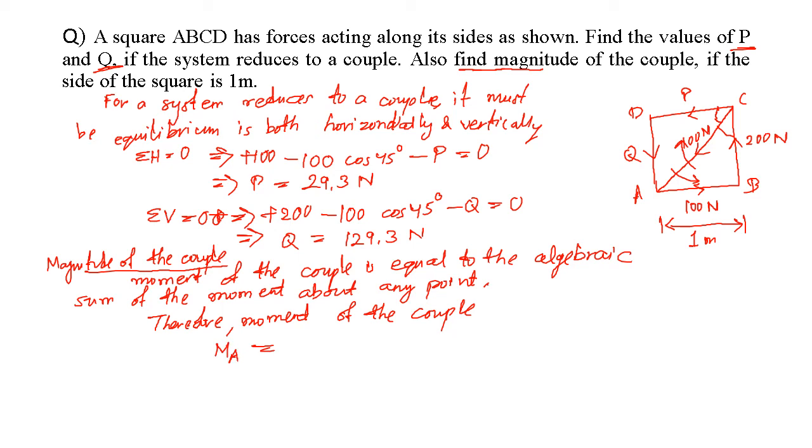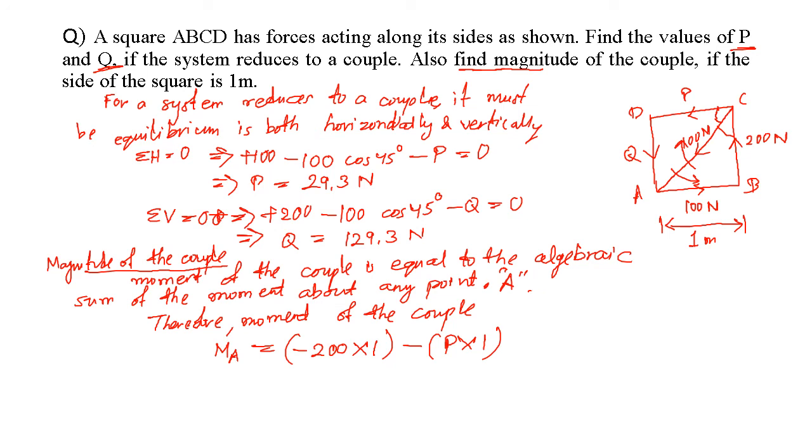About any point A, we are taking moment with respect to A. Then what is the moment of each force, 100 Newton. This value is 0 because this is passing through the point A. Now 200 is in anti-clockwise direction, so 200 into perpendicular distance is 1 meter. Then P is rotating in the anti-clockwise direction, so minus P into perpendicular distance 1. Q passing through A, so it has no moment.